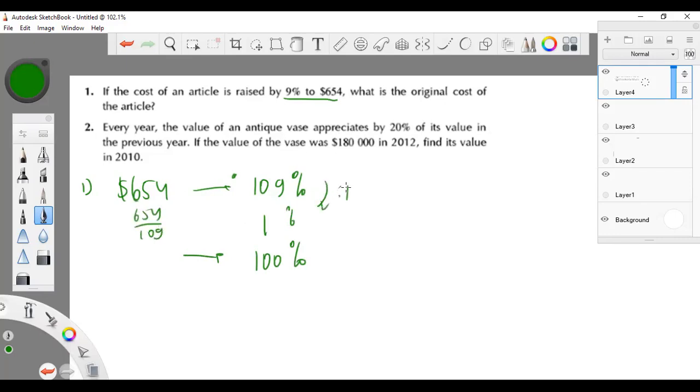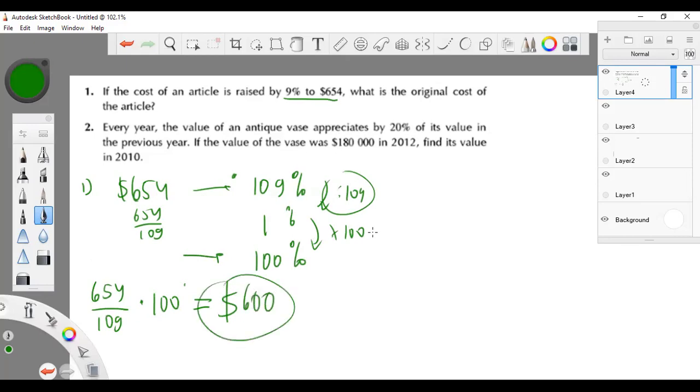You divide this by 109, and you multiply this by 100. So the answer will be 600 for the original before it was increased.